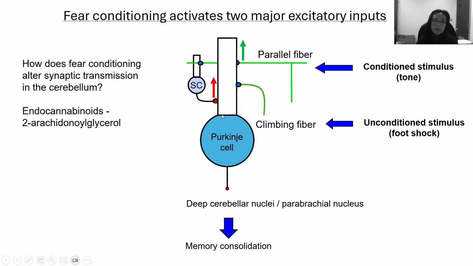Once it is released and binds to the receptor, it can suppress GABA release and glutamate release. And the endocannabinoid can then be removed by an enzyme called MAGL lipase, which terminates its action.